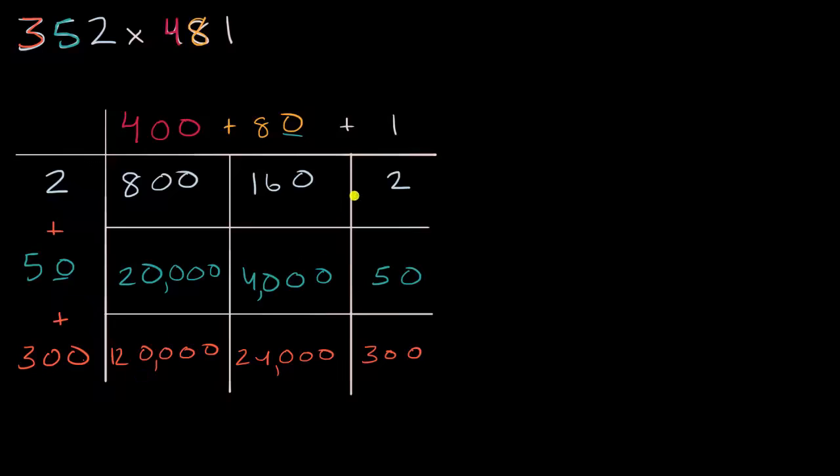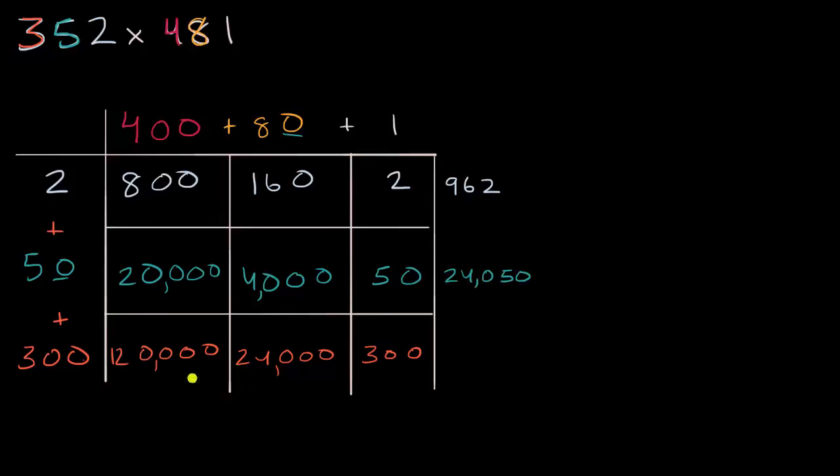And then what we want to do is add up all of these numbers. So let's actually add up the rows first. If we add up the rows, this is going to be 962. 800 plus 160 is 960 plus 2. This right over here is 24,050.